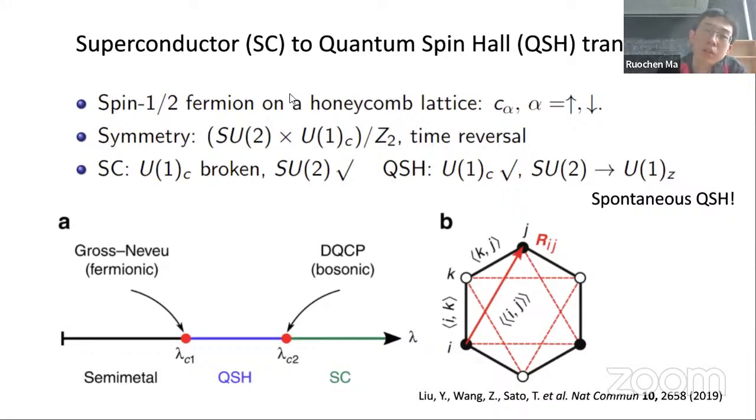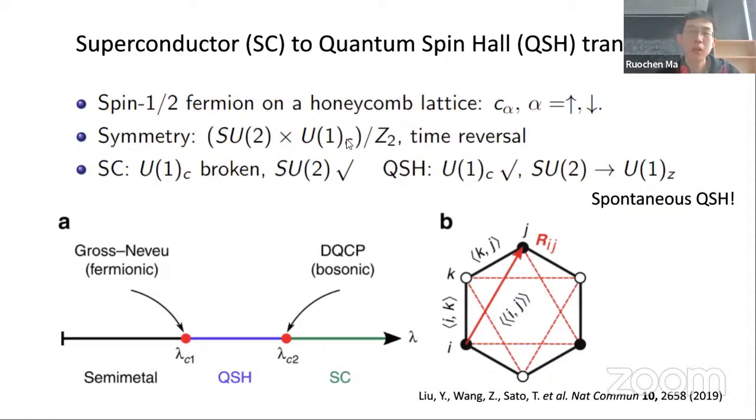And another relevant symmetry we will also focus on is the U1 global charge conservation symmetry, together with a time reversal symmetry. For the purpose of my talk, I won't talk too much about time reversal symmetry. So let us first focus on this part of the symmetry group, namely the spin rotation symmetry and the global U1 charge conservation.